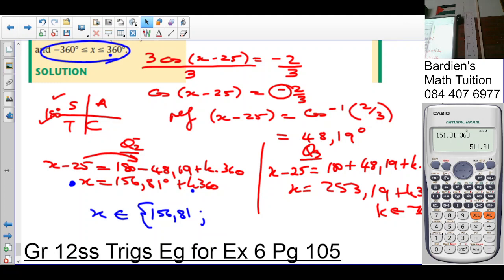No. So now I go to negative 1. So it's going to be plus negative 1 times 360. So that is negative 203,19. Is that within the given interval? Yes, so it's negative 203,19. So let's try negative 2.